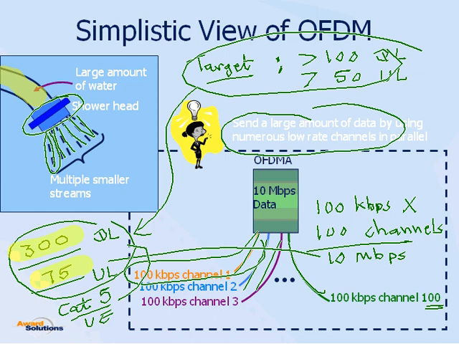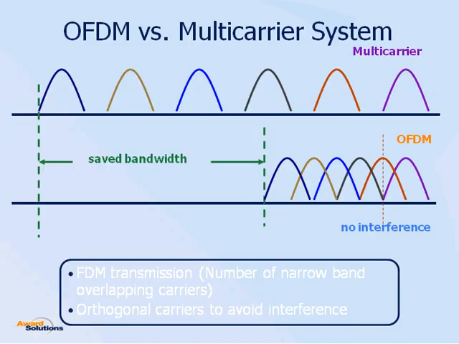Good. So, in summary, we have an OFDM system in which parallel transmission on multiple radio channels gives us very high data rates. That is the main idea. Now we mentioned transmission on multiple channels.